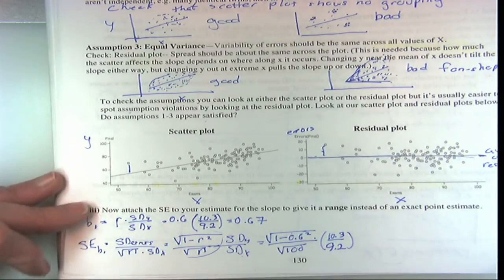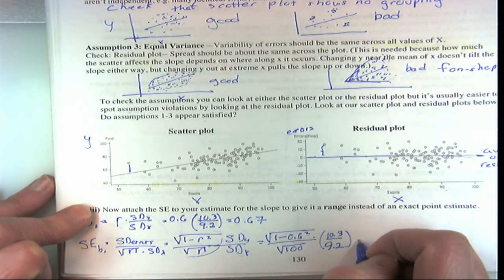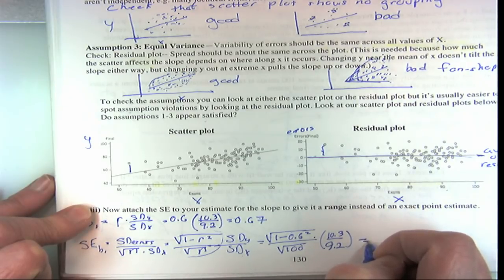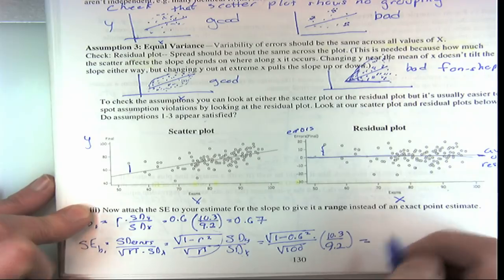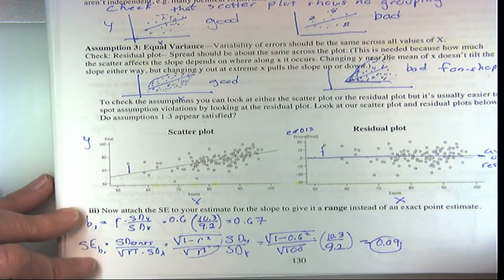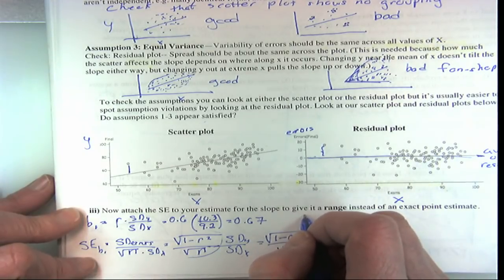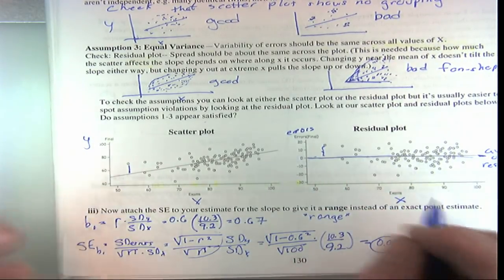So let's do it. So I did this. When I did this, what did I get? 0.09. Okay? So our range, we can call it our range. I just want to put some error bars.